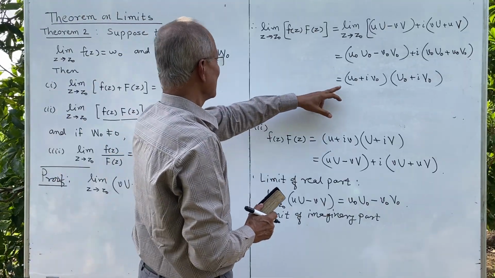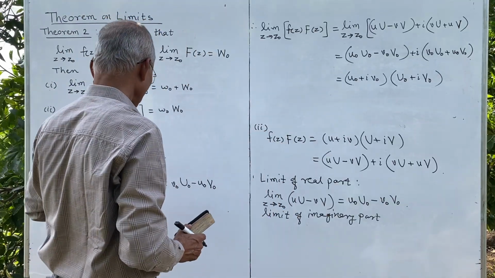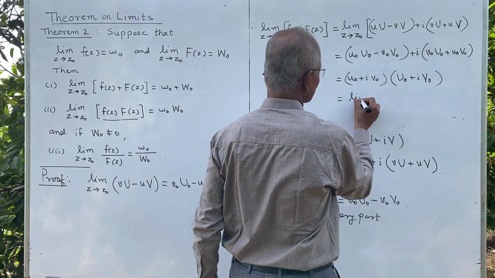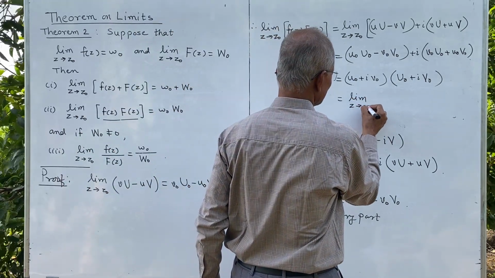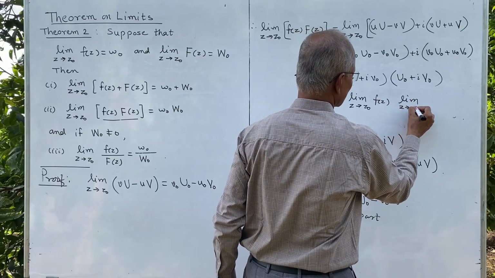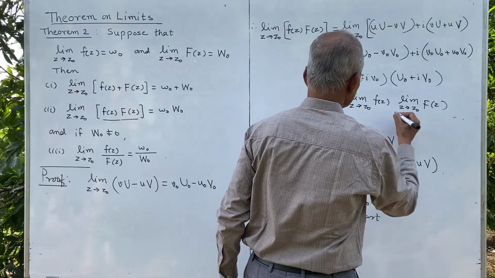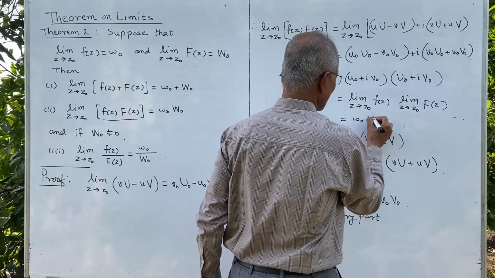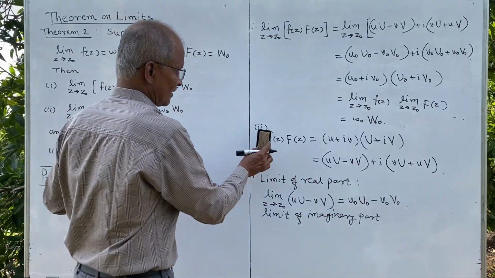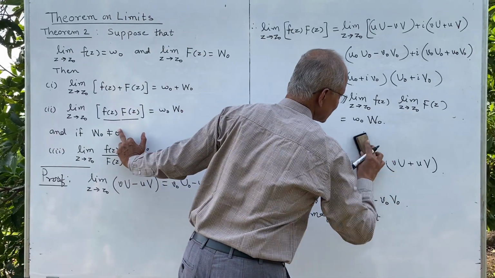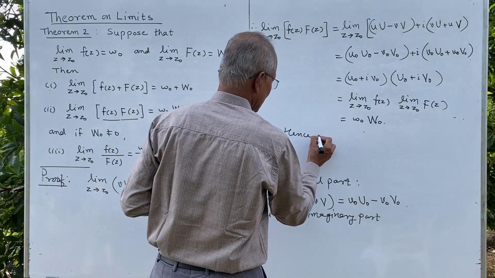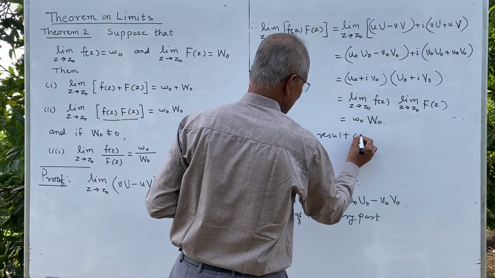Actually this is w naught, we have written this earlier here, this is equal to the limit of small f z, and this is the limit of capital F z, which is w naught into capital W naught, and this proves the second result, hence result second. Now what about the third one?